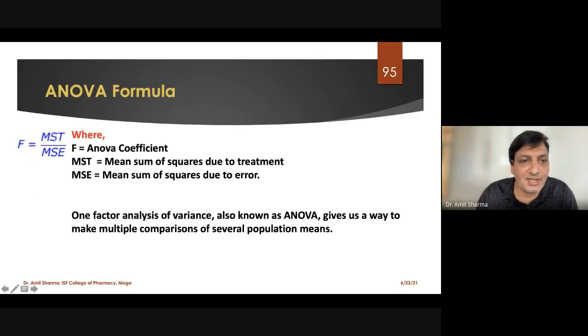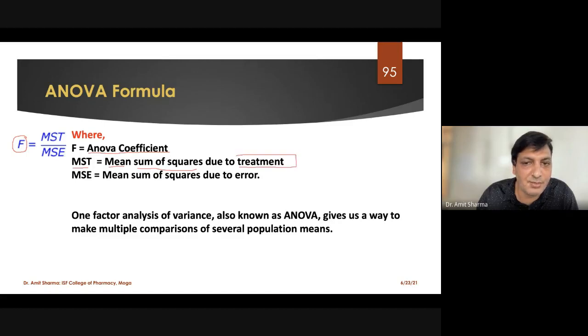Now you can see this is the sign. ANOVA in statistics is represented by capital F. Capital F is the sign for ANOVA, and the formula of ANOVA is MST divided by MSE. So F stands for the ANOVA coefficient. MST stands for mean sum of squares due to treatment.